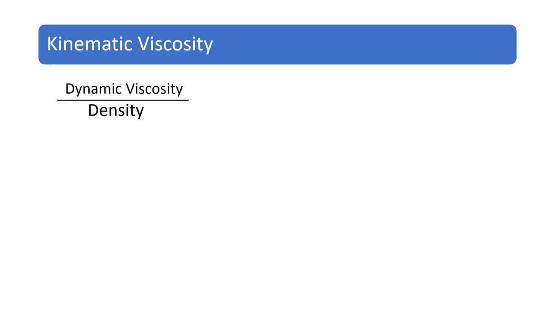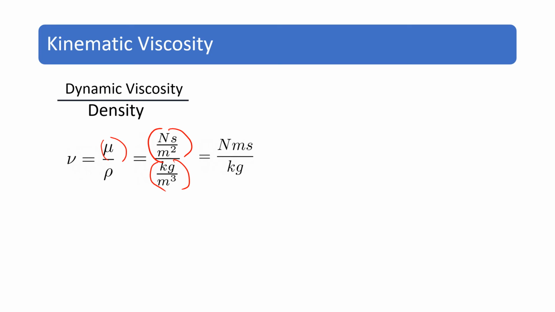So what is kinematic viscosity? Kinematic viscosity is defined as dynamic viscosity divided by density. That is, nu is equal to mu by rho. What is the unit of kinematic viscosity? We have seen that the unit of mu is Newton second per meter square, and rho, density, that is mass by volume, is kilogram per meter cube. So that is equal to Newton meter second per kilogram.